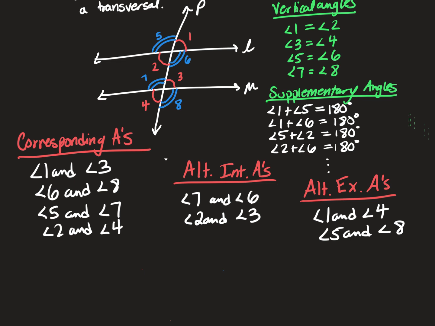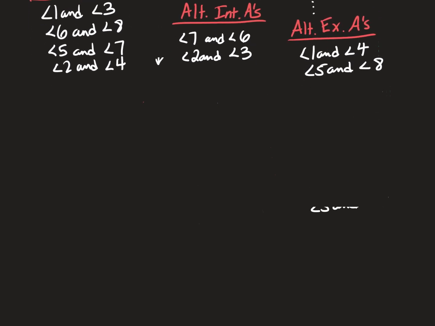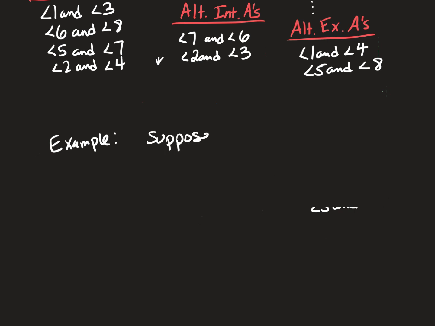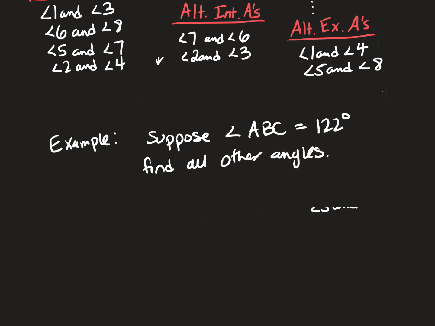Okay, so now here's the example. If you need to pause to rewrite this, you can. But here's your example. Suppose angle ABC equals 122 degrees. Find all other angles in the transversal, but we don't have time to write all that.